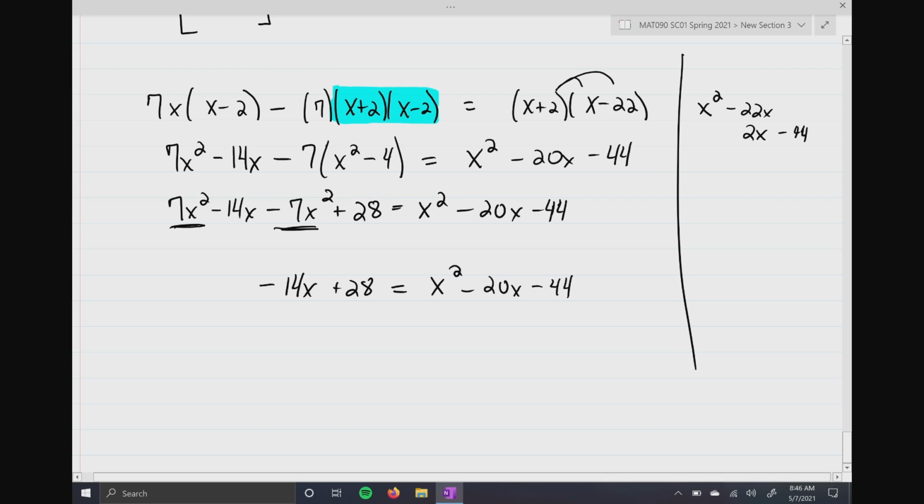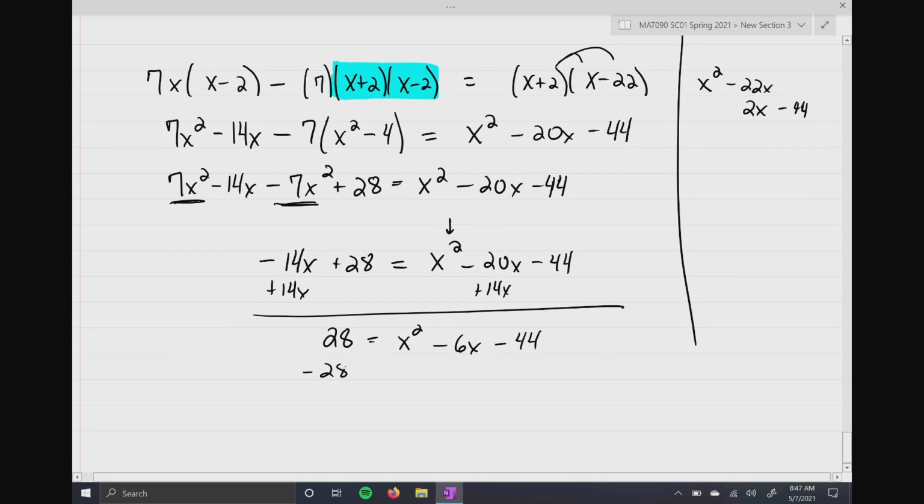And once again, I know this is still quadratic because the right-hand side of the equation has the x squared term. So I need to move everything to that side and set it equal to 0. So I'll add 14x to both sides first. That gives me 28 equals x squared minus 6x minus 44.